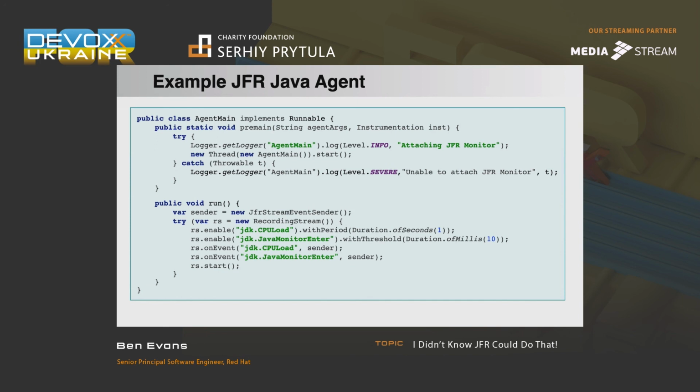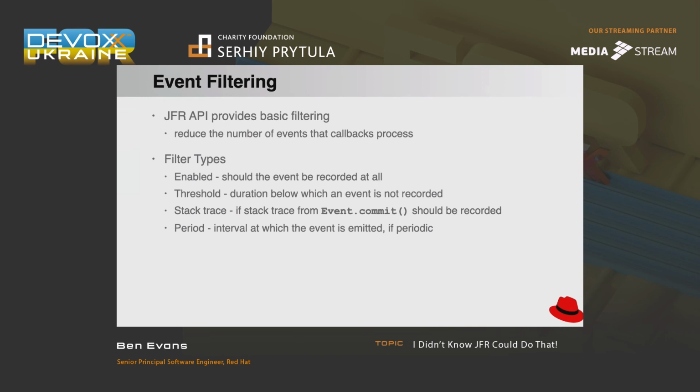You can do some event filtering on that and reduce the number of events that callbacks process. Basically, this is once again this trade-off between how much processing power you want to take for doing your monitoring versus how much you are going to use for the application itself. So you're trading off application throughput again.